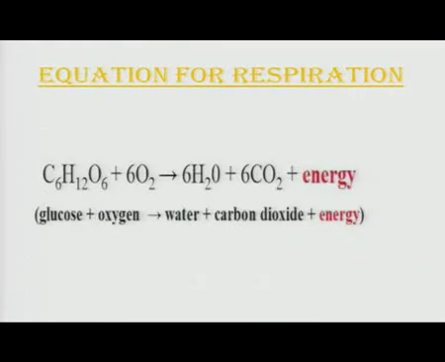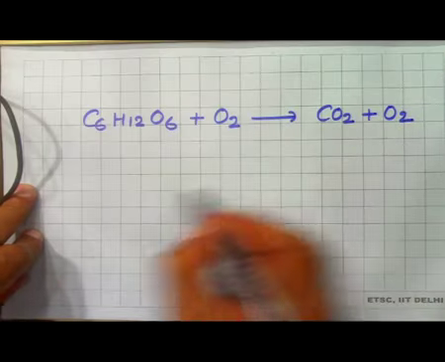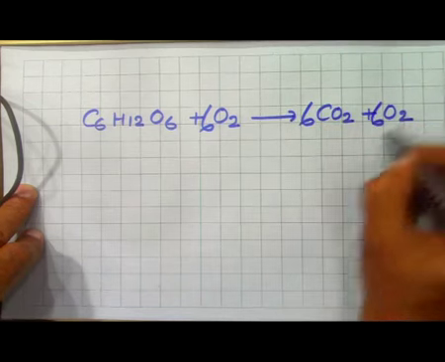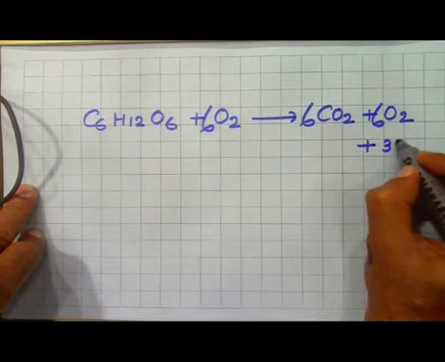Now, the equation for respiration we have already discussed. Now, the balanced equation is C6H12O6 combined with oxygen gives carbon dioxide plus water and ATP. When balanced, it is 6, 6, 6 and it gives 38 ATP.